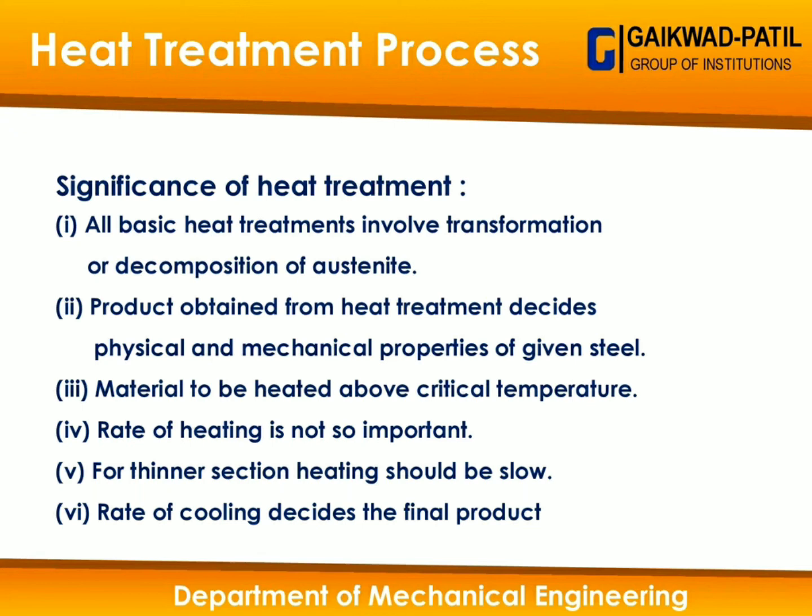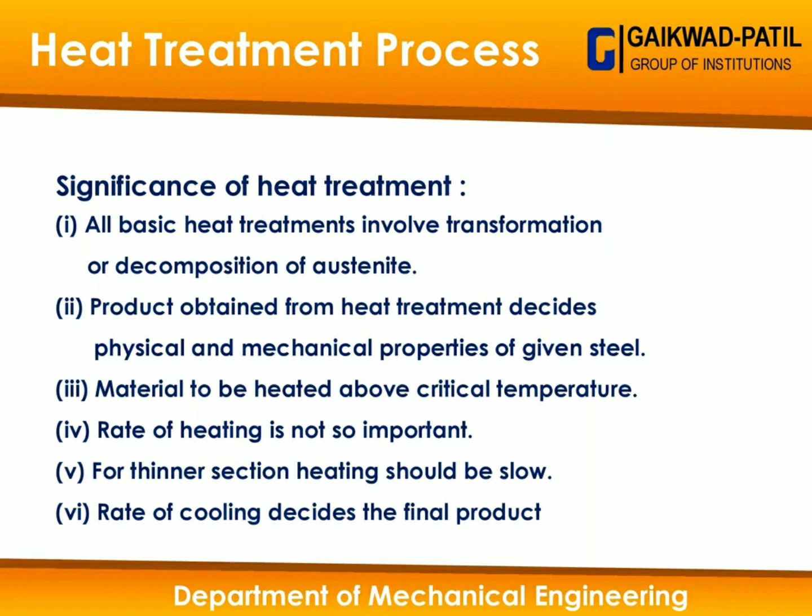All basic heat treatments involve transformation or decomposition of austenite. The product obtained from the heat treatment decides the physical and mechanical properties of the given steel. The material is to be heated above the critical temperature. The rate of heating is not so important. For thinner sections, heating should be slow. The rate of cooling decides the final products. Right? So this is the significance.